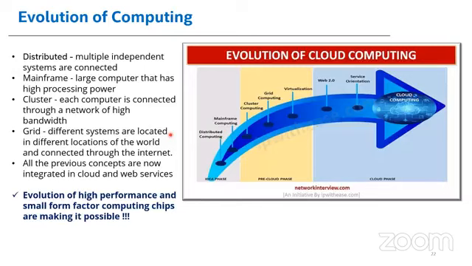Today, when you log into Google and do some search, how does it happen? You are in Bangladesh, we are in America, so there is a way they connect all the computers together. They have some servers in Bangladesh, some servers in America, and they share the data, right? So this is the basis of grid computing.